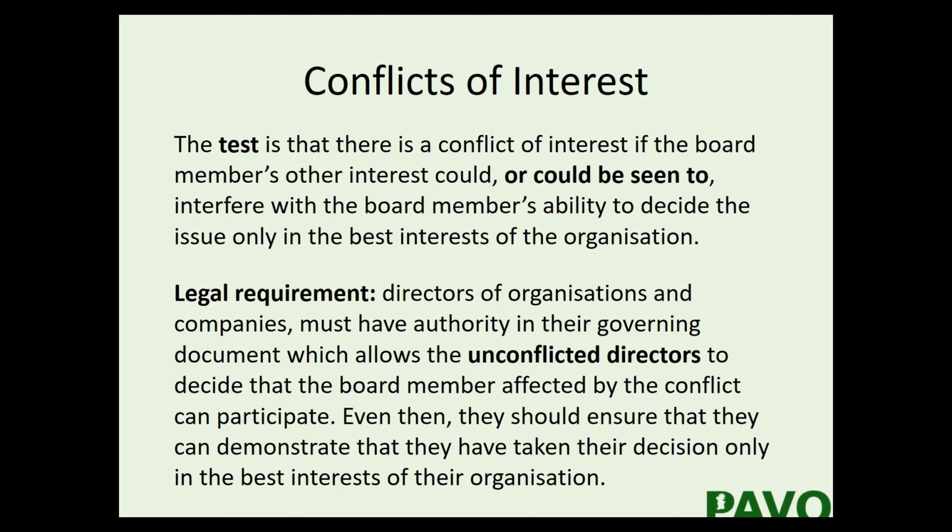Now, there's a legal requirement in this, and that is that directors or trustees of organisations and companies must have authority in their governing document to allow unconflicted directors to decide that board members affected by the conflict can participate. So, what happens if you've got a conflict of interest?